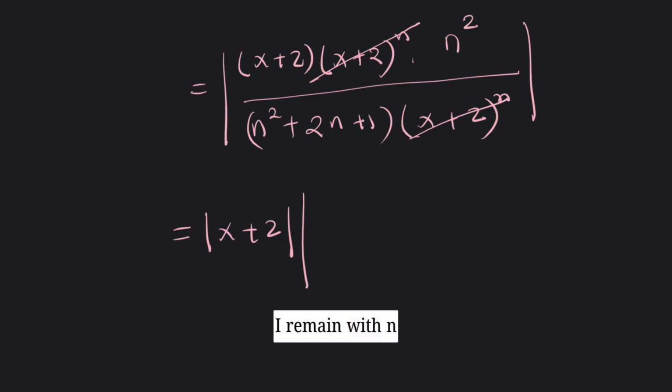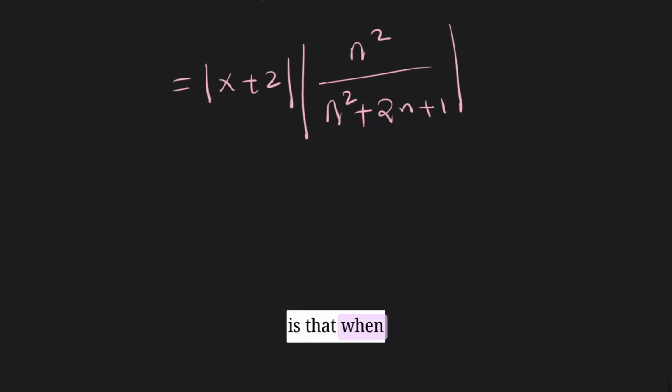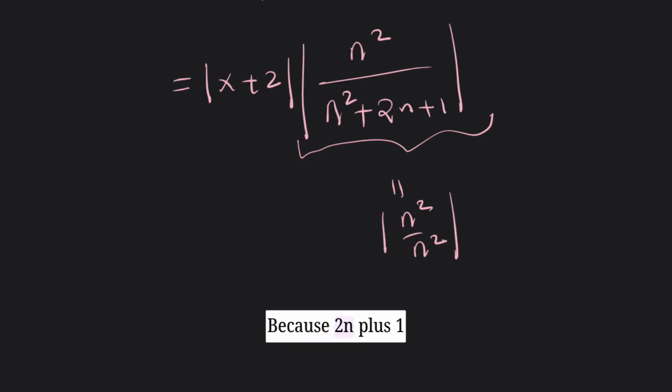Then inside I remain with n squared divided by n squared plus 2n plus 1. But what you will observe is that when n is large enough, this just reduces to the absolute value of n squared over n squared, right? Because 2n plus 1 will not contribute anything. So this will be equal to 1.